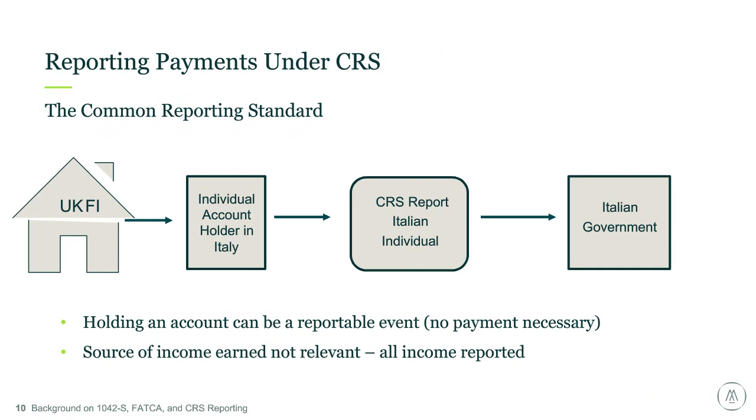You report the Italian individual, and they share that with the Italian government. Again, it's not payment-based, it's active financial account-based. The source of the income is also not relevant in both IGA and CRS reporting, which is a totally different concept than 1042-S reporting. So the analysis and the population, it's all different, and it can get extremely confusing.